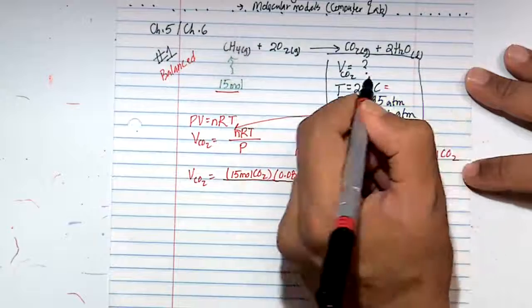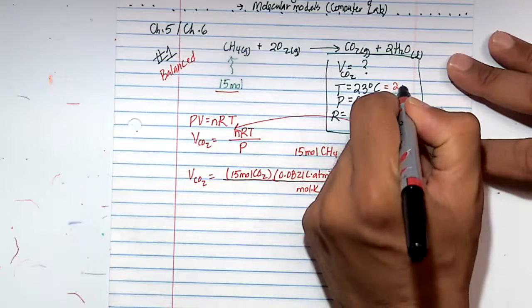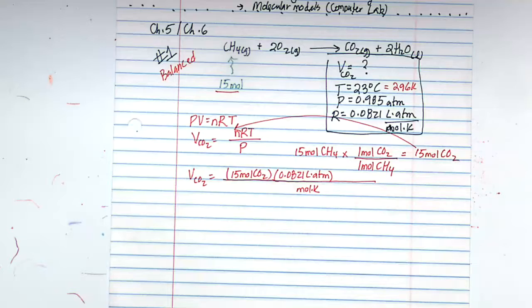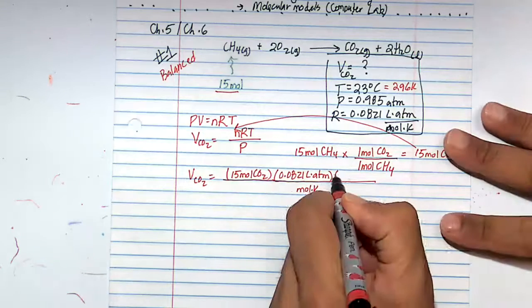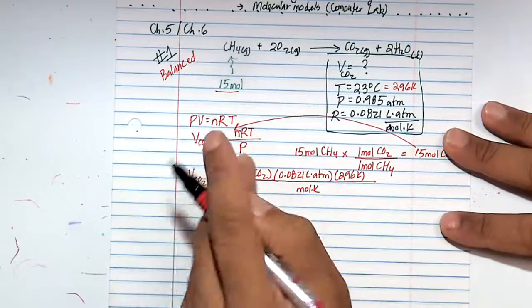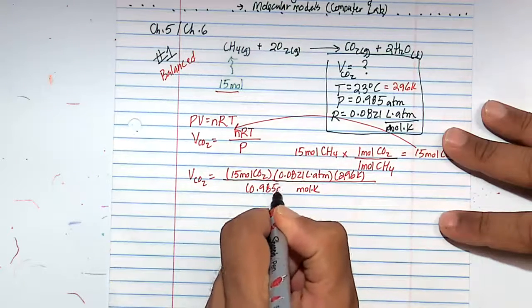T, okay, this is important. What do we have to do with T anytime we do gas laws? Yep, Zach is right. Convert it to Kelvin, okay? Convert to Kelvin. It's super important. And then the pressure is 0.985 atmospheres.